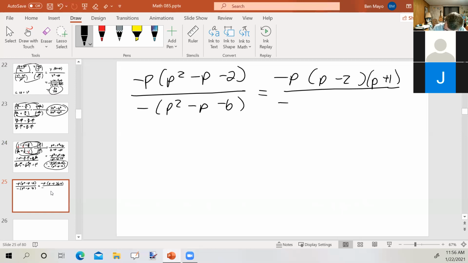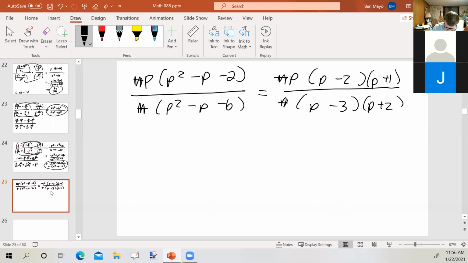And the bottom I can factor into p minus 3, p plus 2. However, having done all of that, all I can get rid of is the negative divided by the negative. Same thing over here. But I had to investigate just to see.